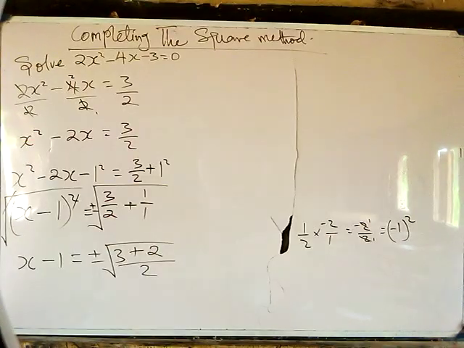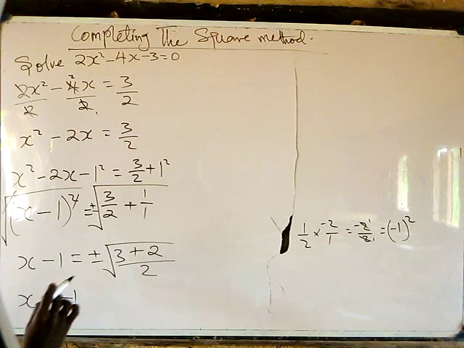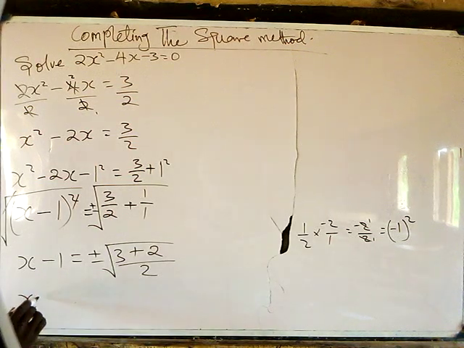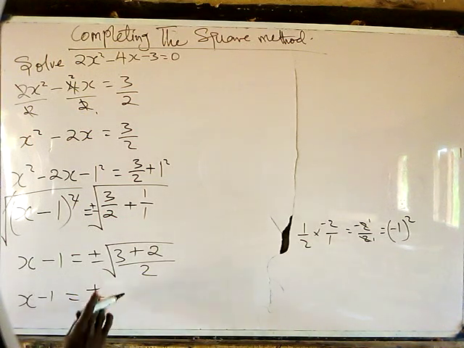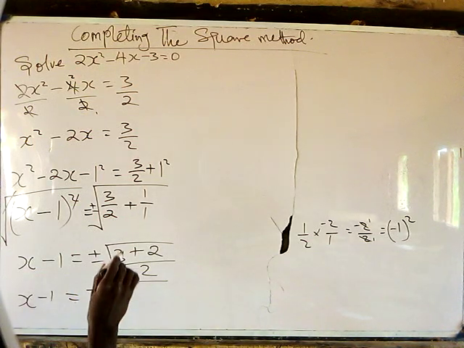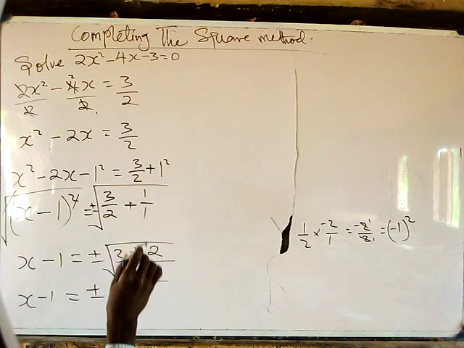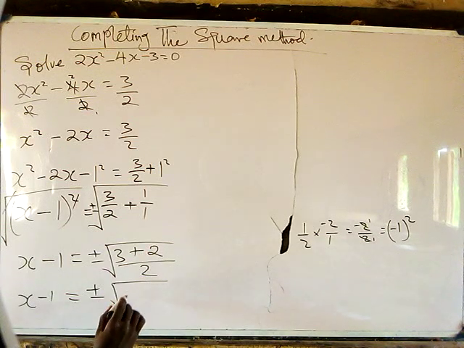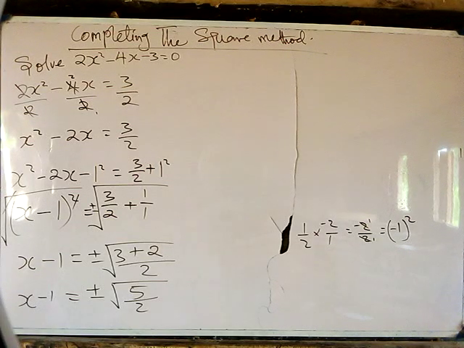So x minus 1 is equal to plus minus root of 3 plus 2, which is 5, over 2. Alright, let's go to the next page.